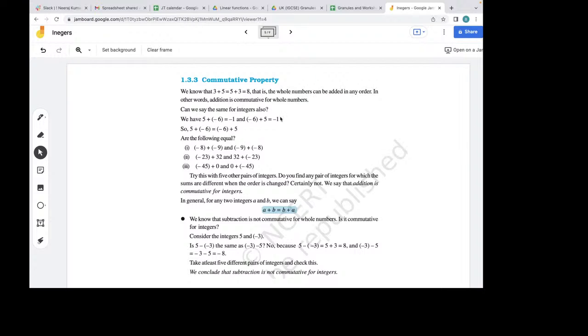That means integers also follow the commutative property. You can also try some more examples and figure out yourself. If you add minus 8 and minus 9, you will get minus 17, and if you add minus 9 and minus 8, again you will get minus 17.